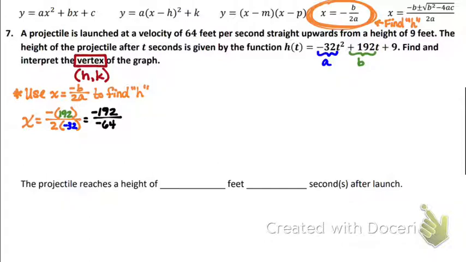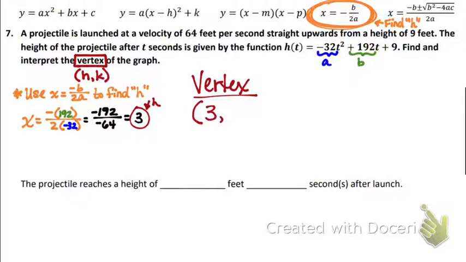What do you get when you put that into your calculator? Negative 192 divided by negative 64. 3. This is h. So on the vertex, I know the x part of the vertex is 3.